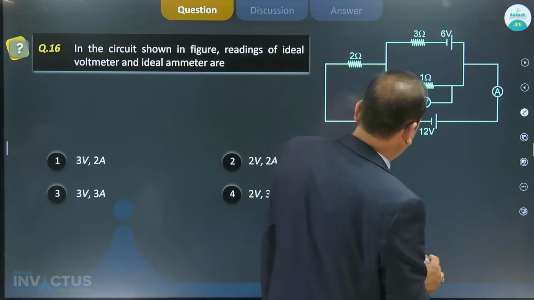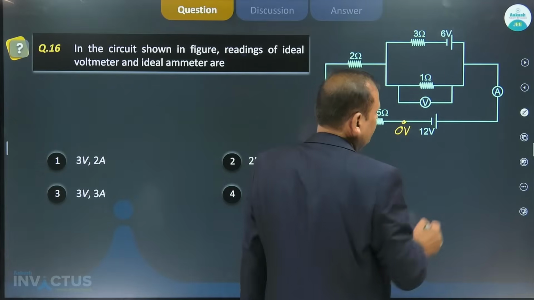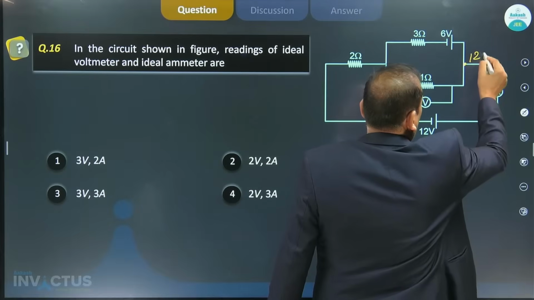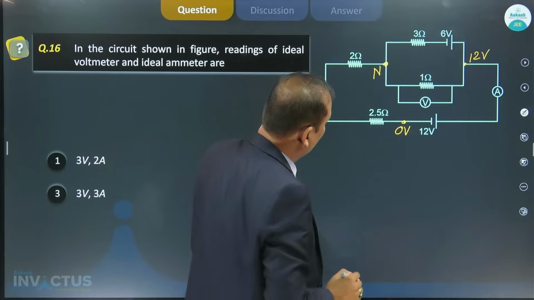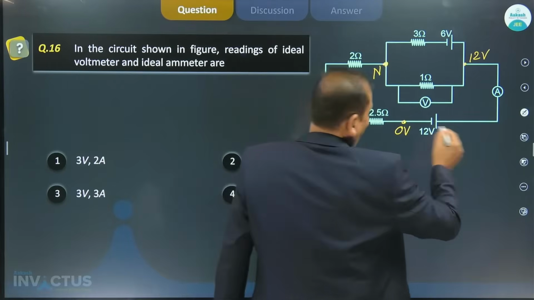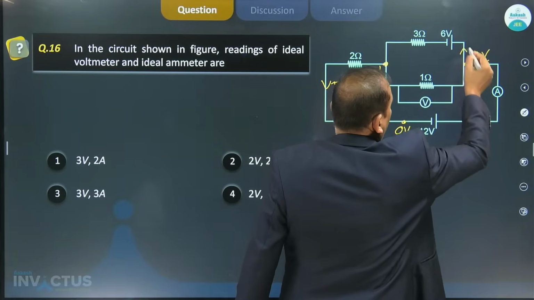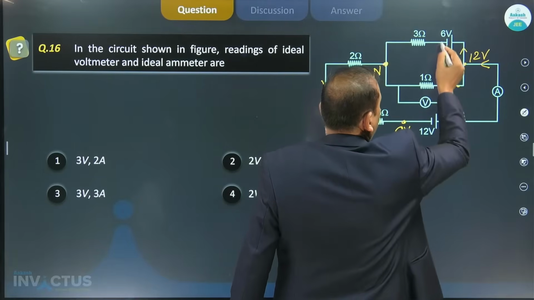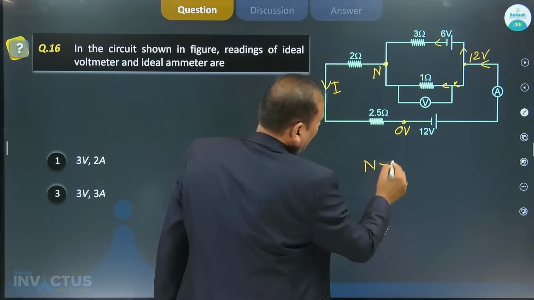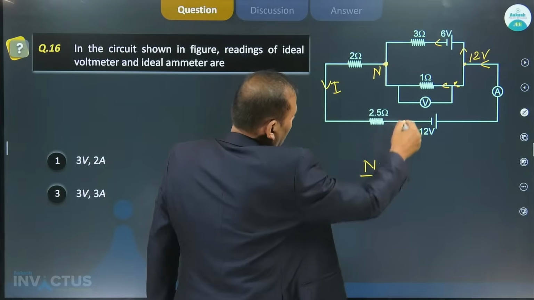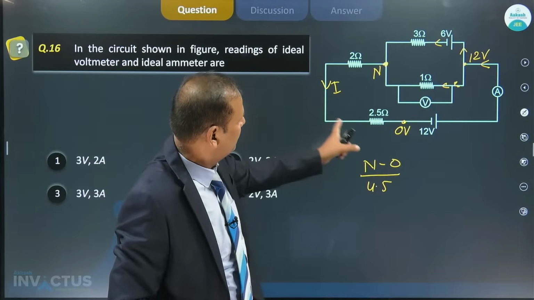So we can think this is 0 volt, this is 12 volt, and here this is N. This is current I, and we can write N minus 0 divided by 4.5. This is the total current I.